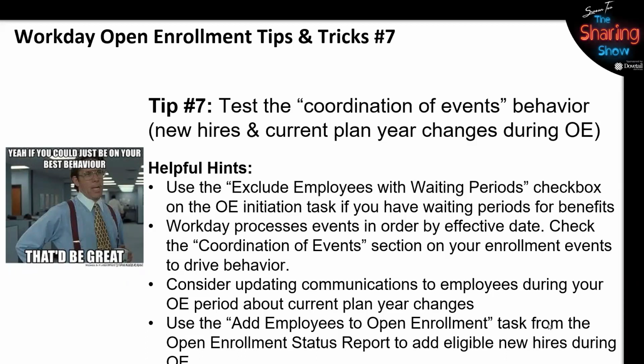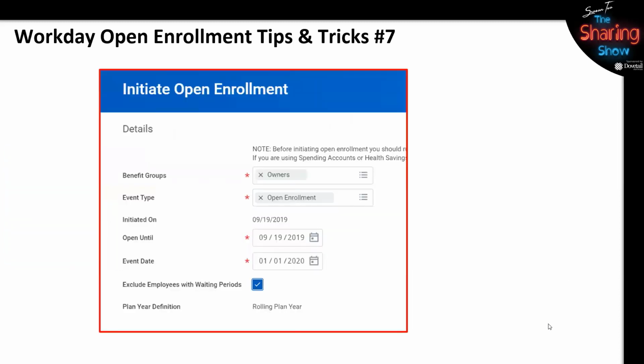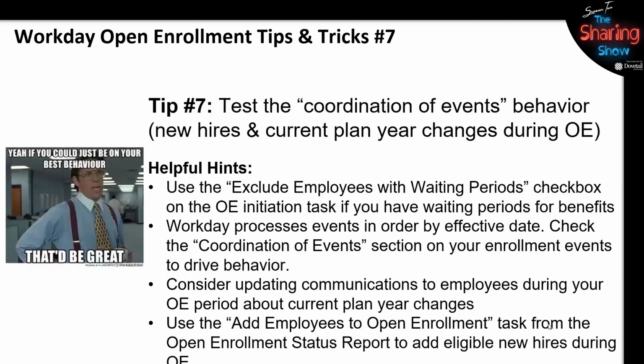If you have a birth or adoption or marriage towards the end of the year, they'll be able to make that election, but they'll also need to take into account their open enrollment. There's also a task on the open enrollment status report to add employees to open enrollment, so you can add eligible new hires or other folks that may become eligible.